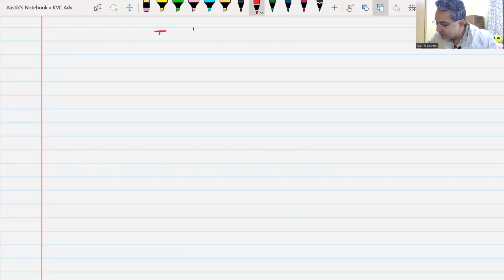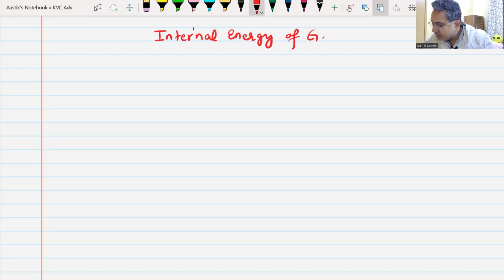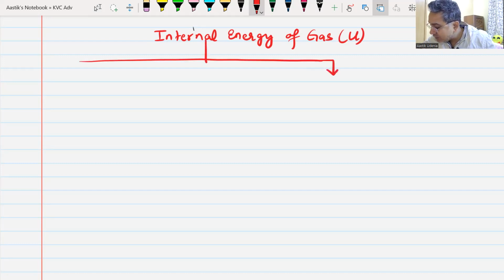Now, at this point in time, let me introduce the term internal energy of a gas. This internal energy of the gas is normally denoted by the letter U. And you can see that same U I have used for the kinetic energy or the energy of the gas. Whenever we talk about internal energy of the gas, it can be of three types, and we already have seen the three types.